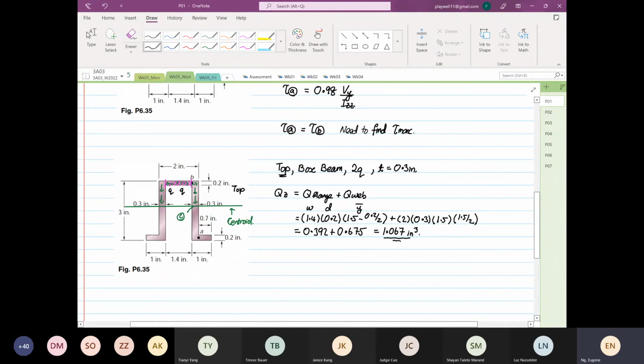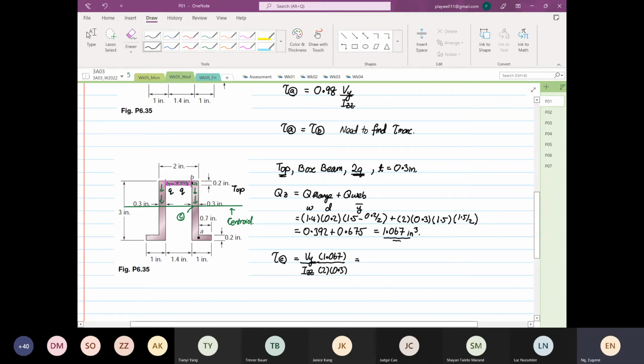So now if we were to apply the formula, the shear stress at point C, right? So this will be equal to Vy over Izz, right? 1.067 divided by 2. Okay, the 2 I divide because it's box beam, and then this is 0.3.